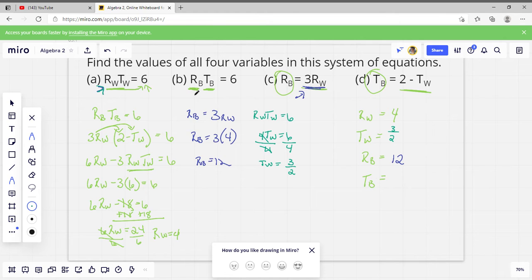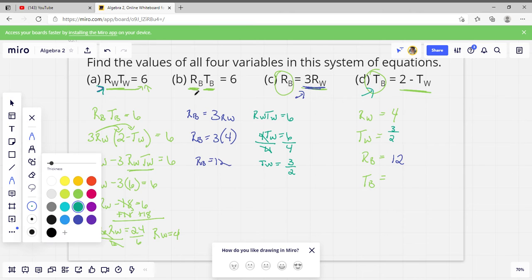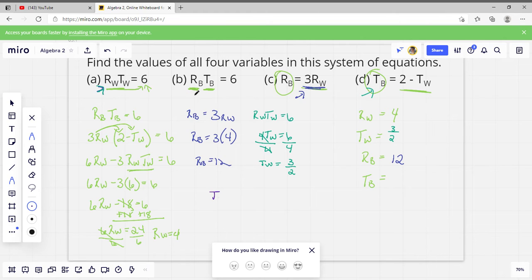Now we just have one left, TB. We'll use this equation right here. TB equals 2 minus TW. That means TB equals 2 minus TW, which is 3 over 2.